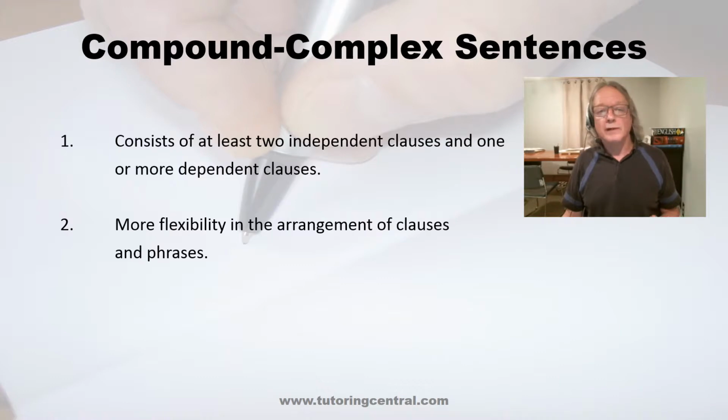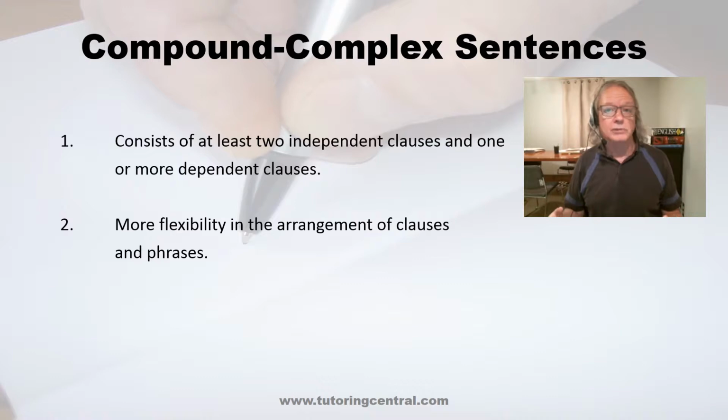You have more flexibility with the compound complex sentence because, of course, you have more clauses and potentially more phrases to work with. So, as we talked before, you can arrange your clauses to make your sentences more powerful, but also to allow them to flow from one to another. And you have a lot of flexibility with what you can do with compound complex sentences.